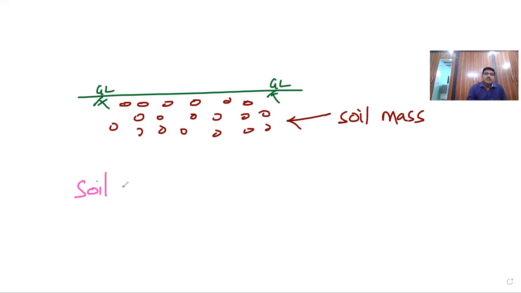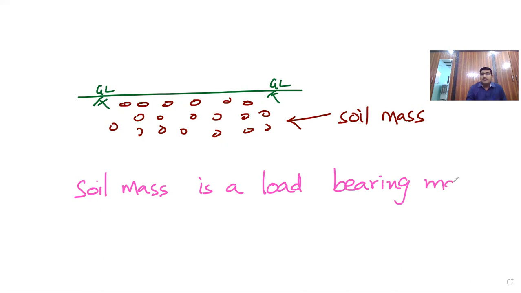Soil mass is a load-bearing material. That means whatever the structure you construct, starting from the building to a big dam, a reservoir, or else an industrial structure, a flyover, a road, whatever it may be.